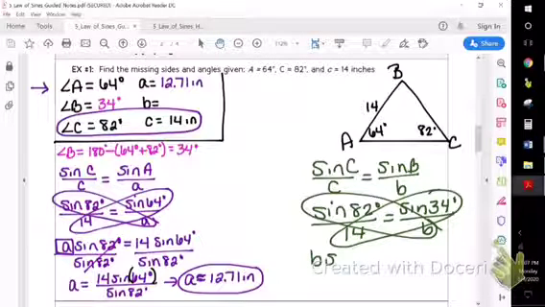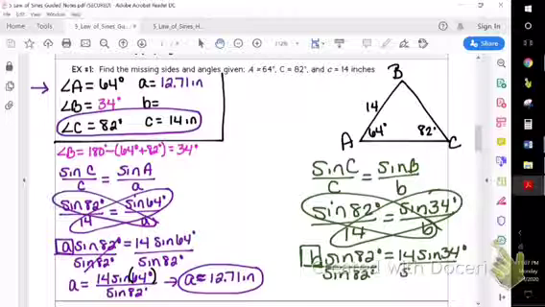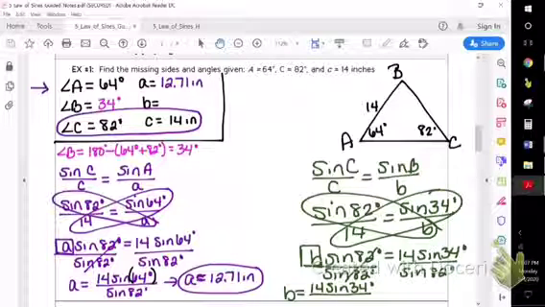So we've got B sine of 82 degrees is equal to 14 times sine of 34 degrees. We're solving for B, so we got to divide by that sine of 82 degrees. And so we got B is equal to 14 sine of 34 degrees divided by sine of 82 degrees. And so we're going to plug that in our calculators, and we're going to find that side B is approximately 7.91 inches.